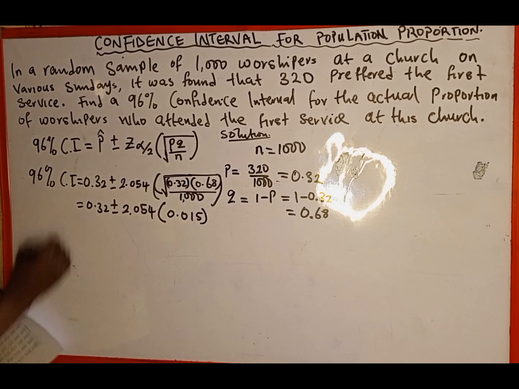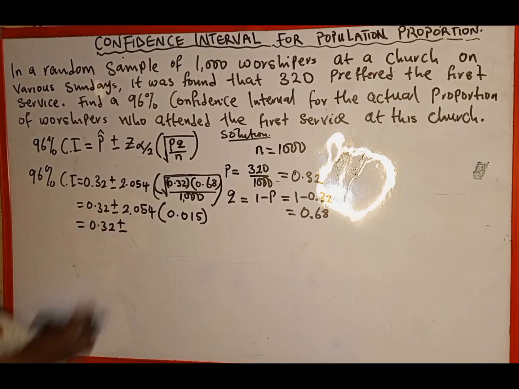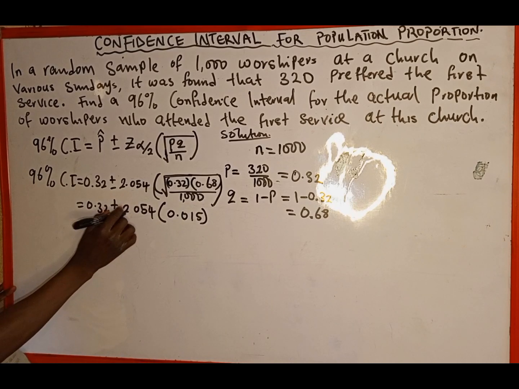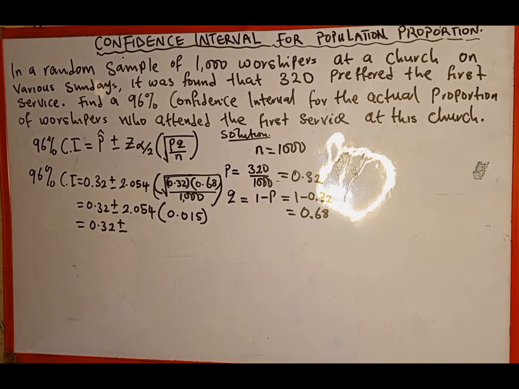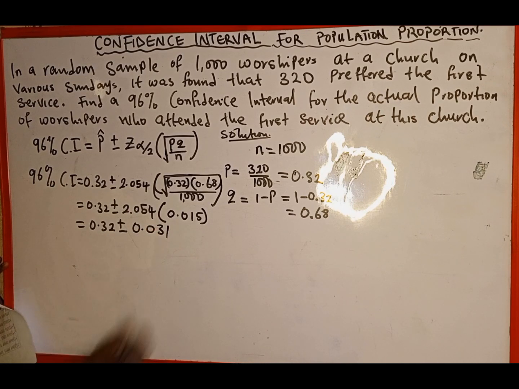So now we are going to have 0.32 plus or minus 2.054 multiplied by 0.015, which is going to give us 0.031.